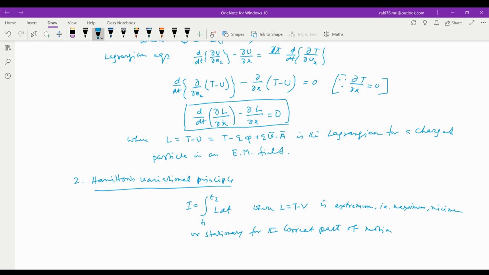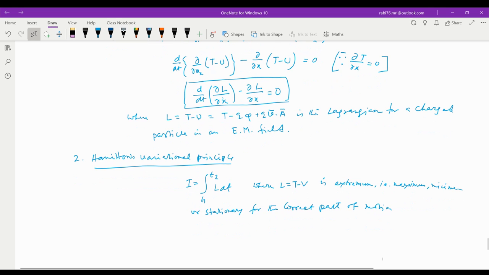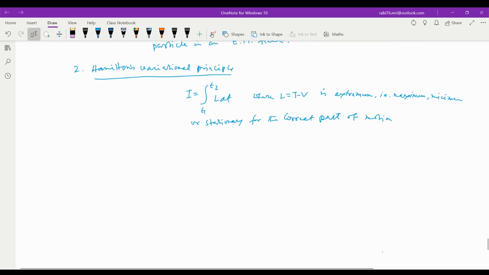Let me illustrate it with an example. Suppose one particle is going from here to here, so there are all possible paths. This is position 1 and this is position 2, and I denote here time t1 and this is time t2.